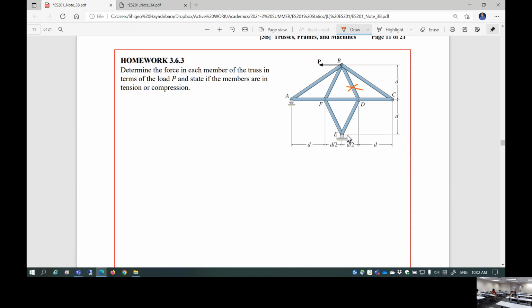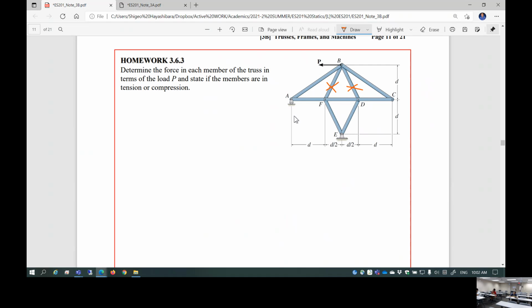You don't need this. If so, how about this? Same. Anything else? FD. You probably need this. You're talking about the collinear force. Third member is unnecessary. What else did you have?